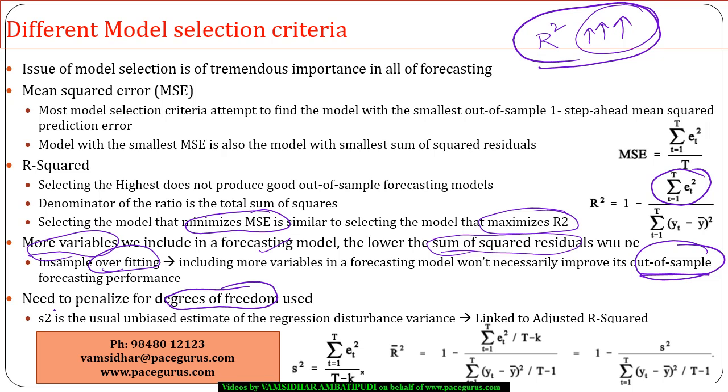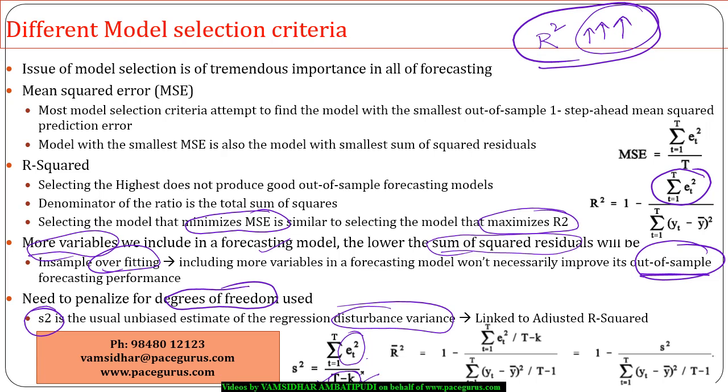Out of that, one mechanism used for assessing the performance of the models is S squared. S squared is the usual unbiased estimate of the regression disturbance variance. So we are dividing the total squared error by T minus K. T is the total number of observations.